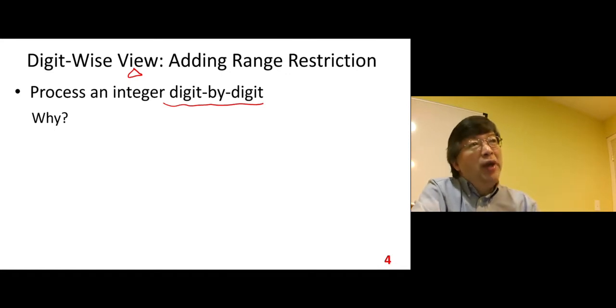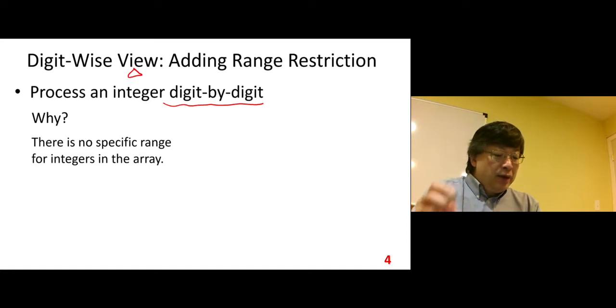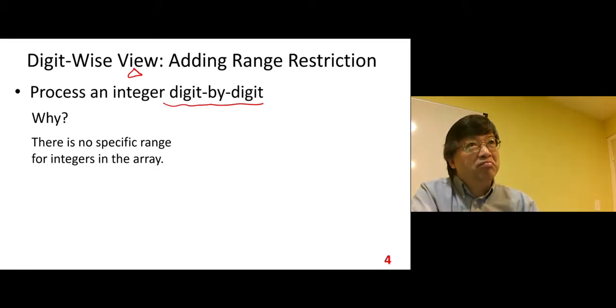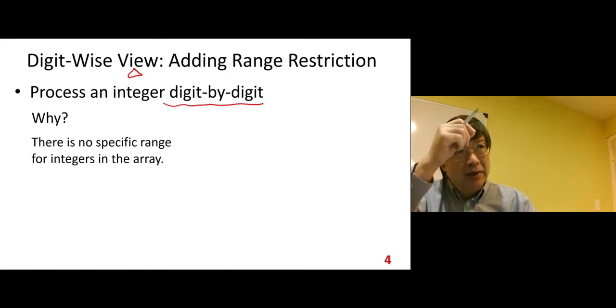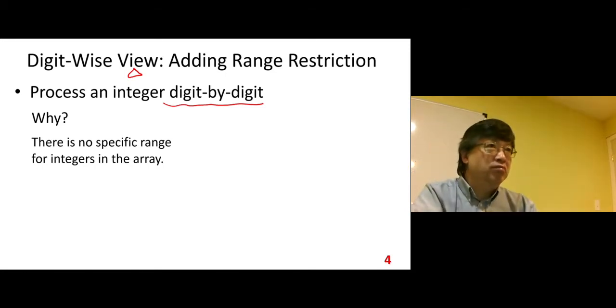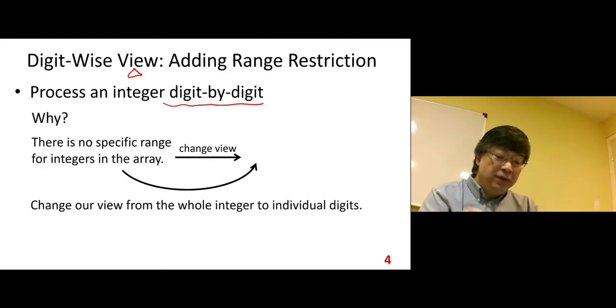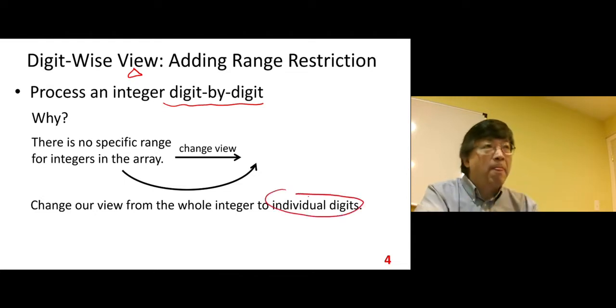So why do we take this view? In the original data, there is no range. How do we add a range condition to it? We change the view. In our new view, we treat the integer as a set of digits.